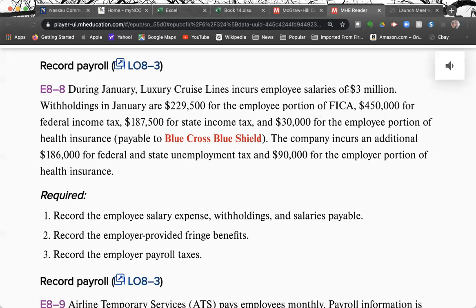That's the $3 million minus the Social Security, minus the federal tax, minus the state tax, minus the $30,000 that the employees are contributing to the health insurance. And then salaries payable for whatever's left.